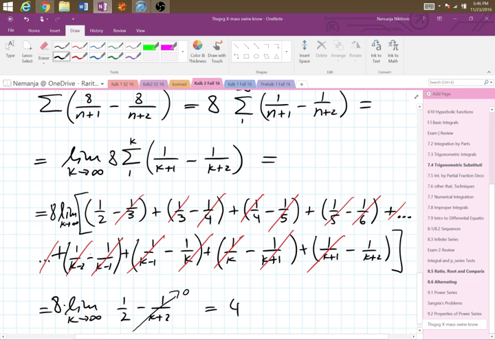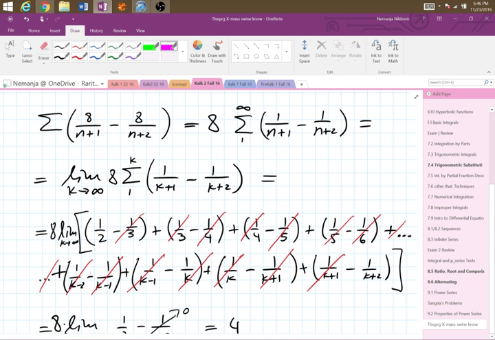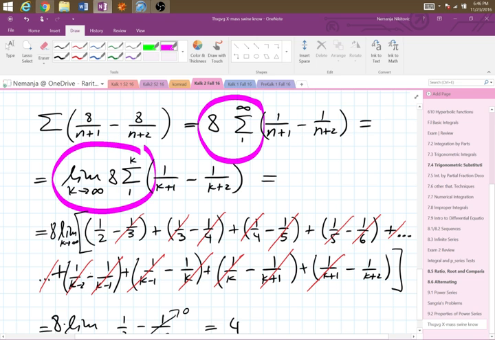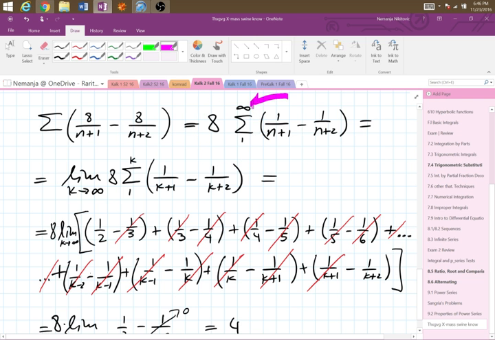Well, what I did is I replaced this with that. So instead of having infinity here, I have k there. Nice! Just like the integral for Riemann sums. Very good. Exactly.